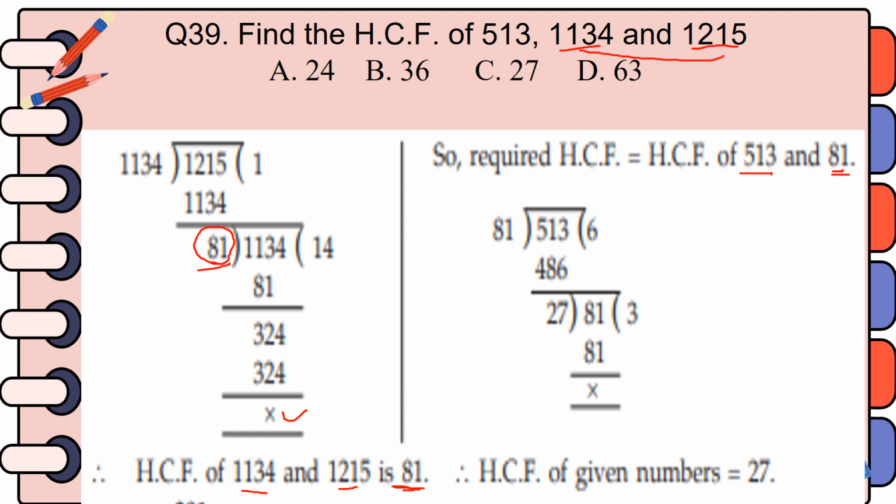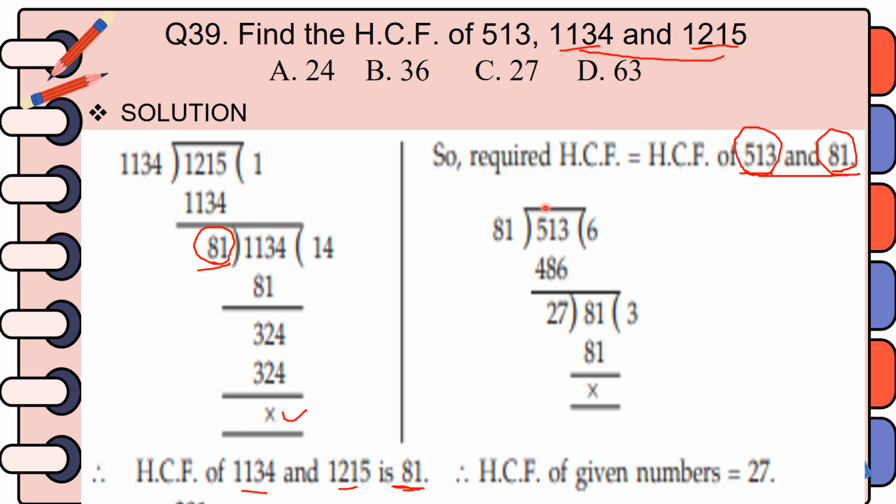Okay, the HCF of the two numbers is 81 and the third number is 513. Find again the HCF of these two numbers. To get the HCF, what you are going to do is divide the larger number by the smaller number.